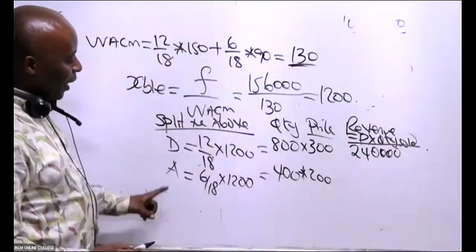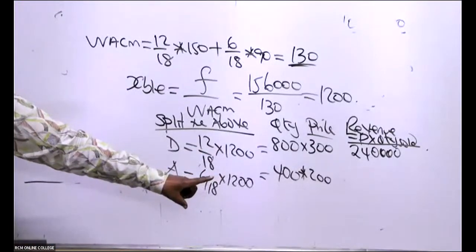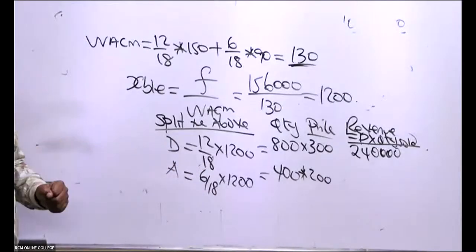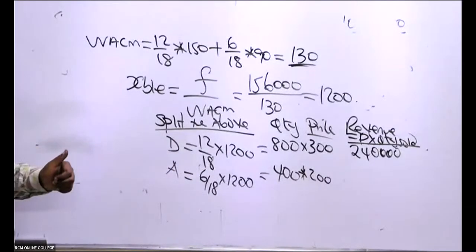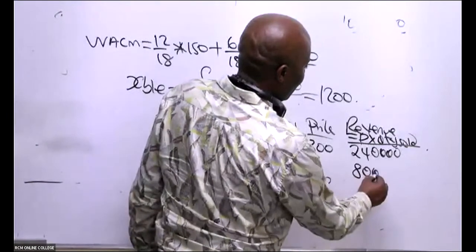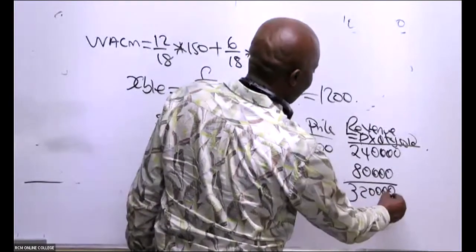And then we have A, 400 times 200, which is 80,000. Meaning that this will be 320,000.